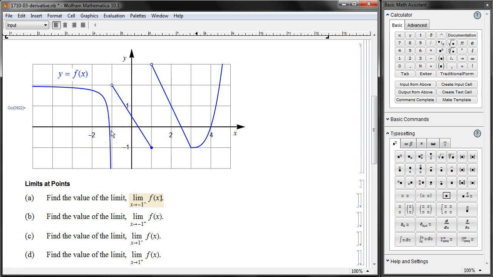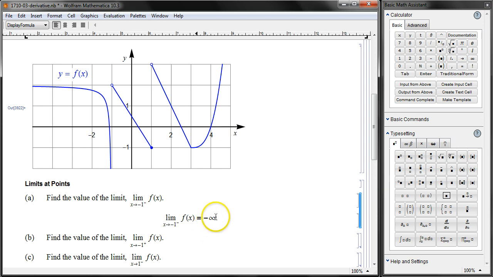From the left hand side, we have this curve going down, down, down, all the way down to negative infinity. We have a vertical asymptote, so the limit is negative infinity. That has to be a vertical asymptote.